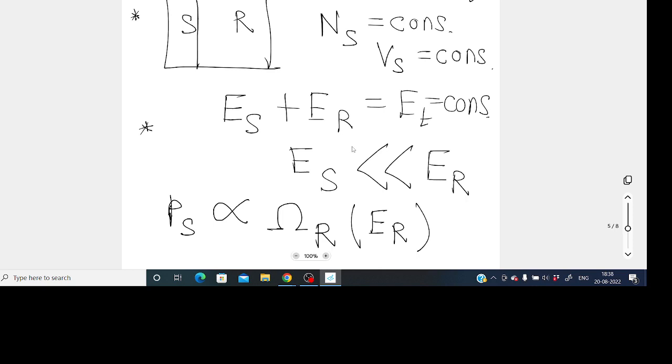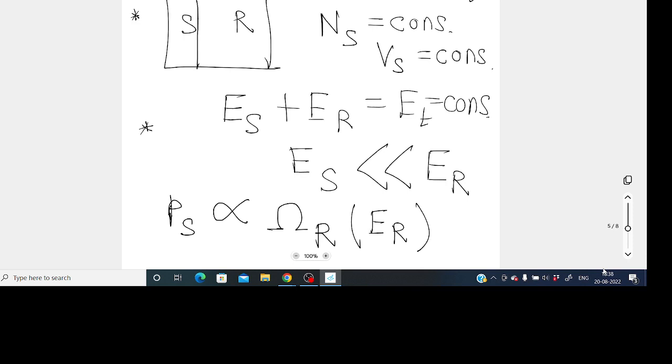Here I am just telling it very briefly because we are already running out of time. Here the system is much smaller than the reservoir, so we have this approximation: E_S is much smaller than E_R, and the system plus reservoir is an isolated system, we have assumed that.